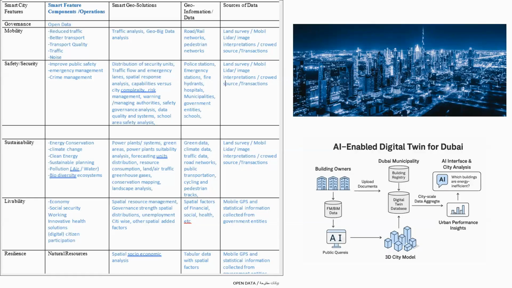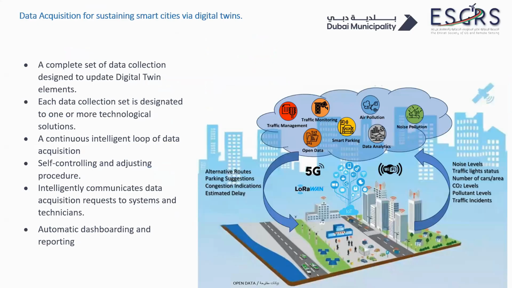On the right side, we just have a look at the Dubai municipality use case, where digital twin is used for urban performance and insights. Now here, data acquisition for sustaining smart cities and digital twins.